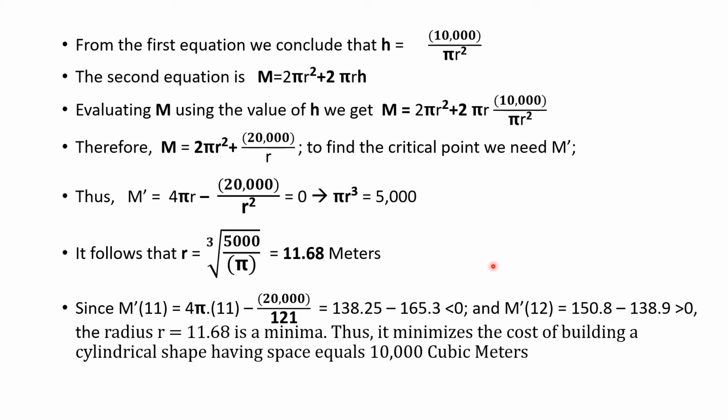What does that mean? That means that the point where r is equal to 11.68 is a minima. And if that point is a minima, that means we're minimizing the material for the building. And that's what we want. We want to minimize the material for the building while achieving the required volume, which is 10,000 cubic meters. That's it for this one.